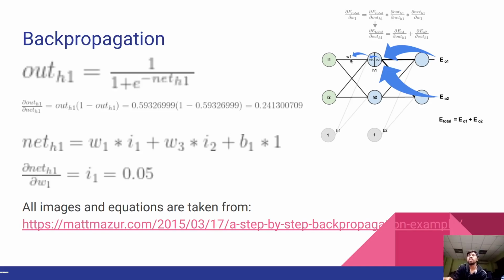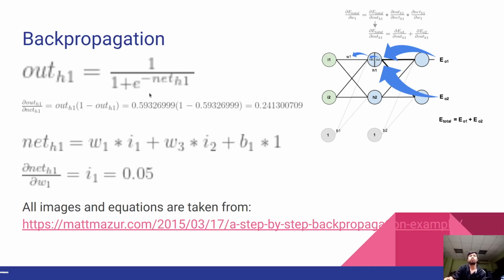W1 into I1, then we got this one, W3 into I2, like that. So, if we take the derivative, it will be W1 into something. If we take the derivative, this will be only remaining, W1 will not be there. So, this one is the derivative, net H1 with respect to W1.